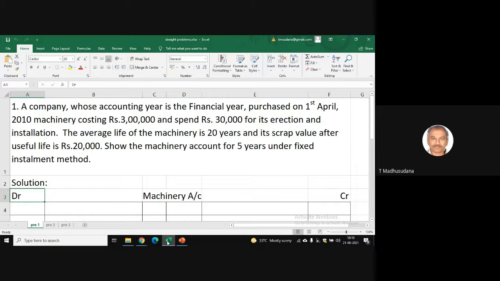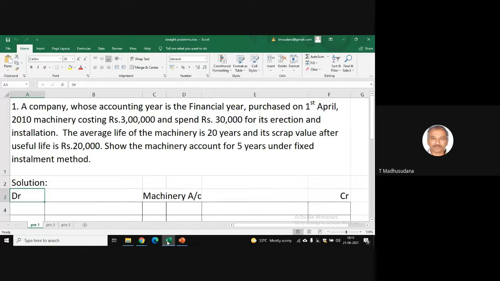So here, a company whose accounting year is the financial year. In business organizations, there may be 2 years that may be followed. One is calendar year, another one is financial year.